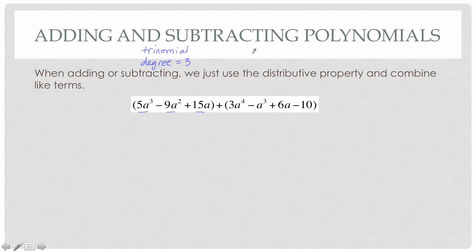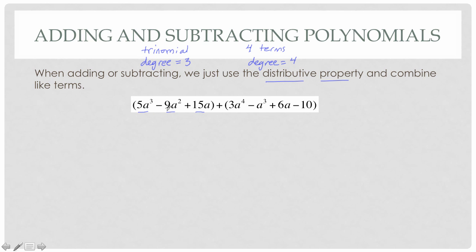Now I'm adding to that a polynomial with 4 terms, and it is a 4th degree polynomial because it's got a to the 4th. Now the thing to keep in mind when adding or subtracting polynomials, we're just going to use the distributive property to help get it done and then combine like terms.